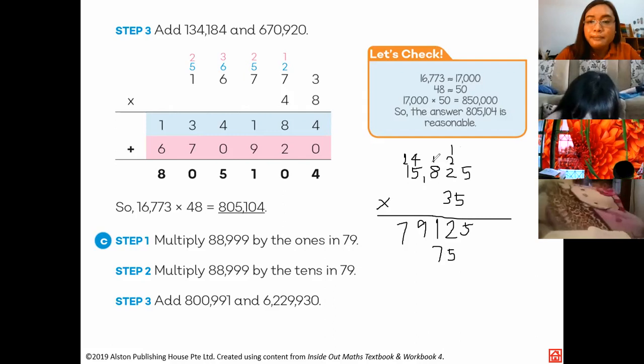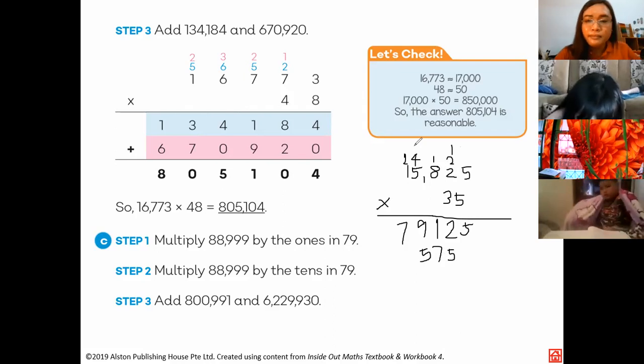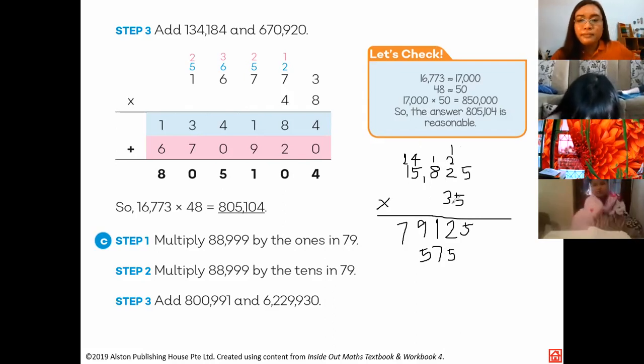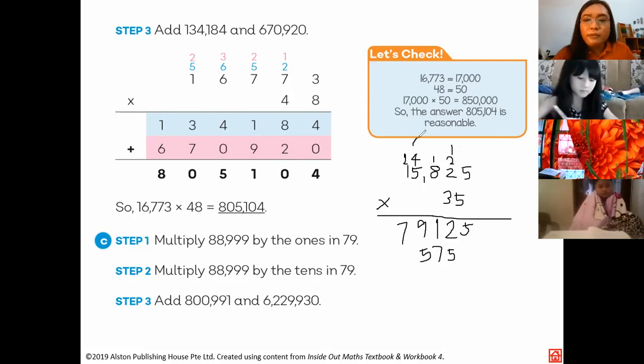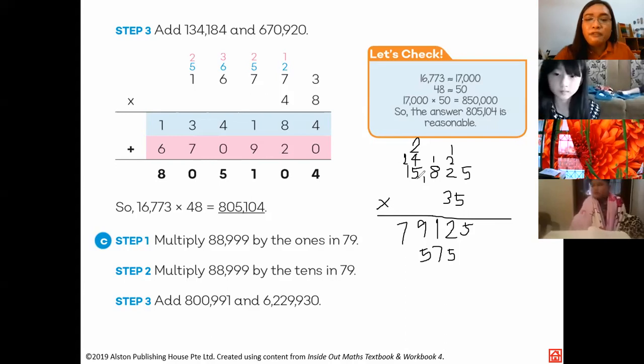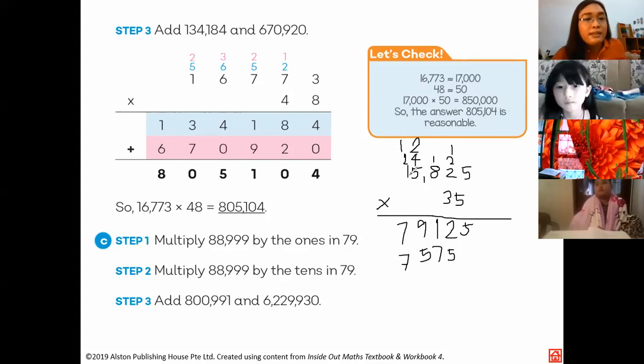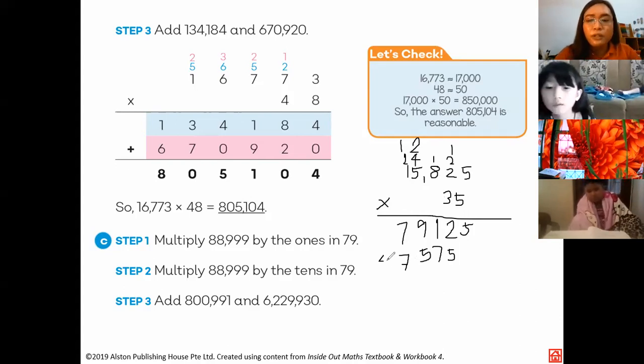Plus 1, 25. All right. So carry 2 here. 3 multiplied by 5, that's 15. Plus 2, 17. And then carry 1. 3 multiplied by 1, that's 3. And then plus 1, that's 4.